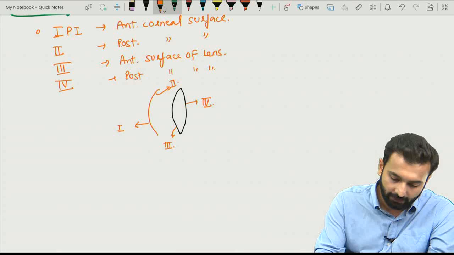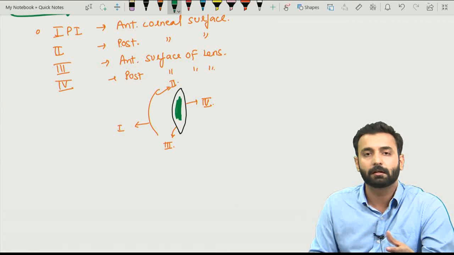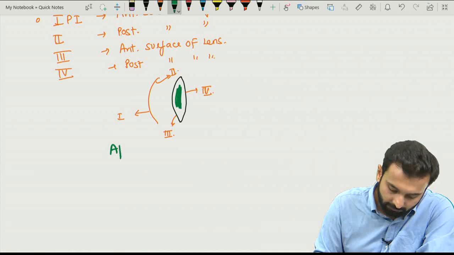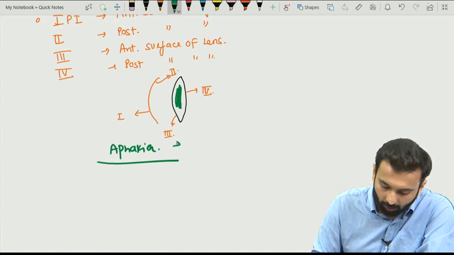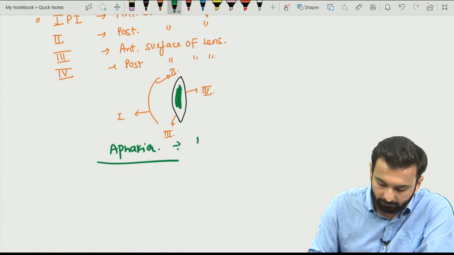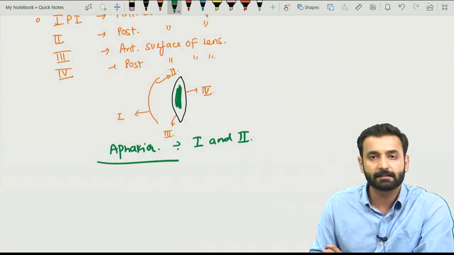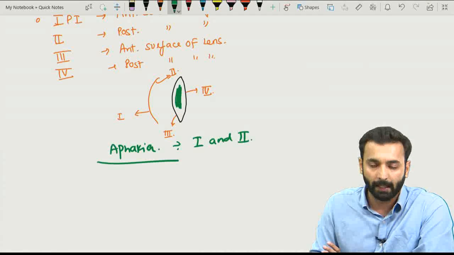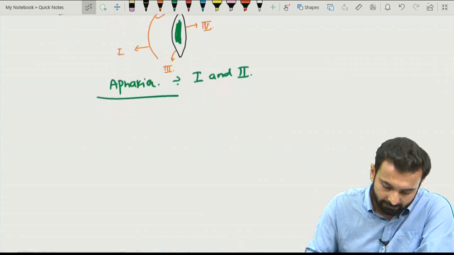In immature senile cataract, because there is cataract, the media is hazy, you cannot see the fourth image, right? Whereas in aphakia, how many images will you see? First and second, because the lens is absent in aphakia, so the third and fourth images will be absent, right? So this is about Purkinje images.